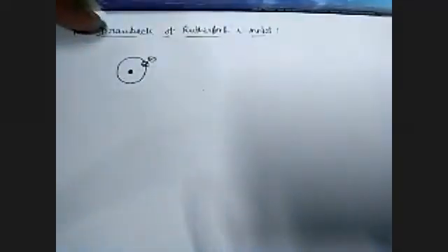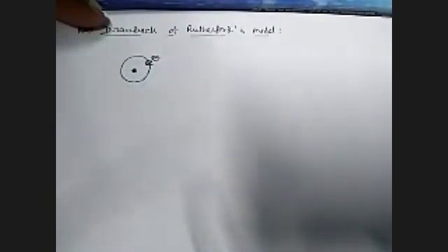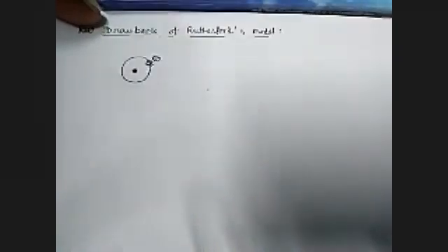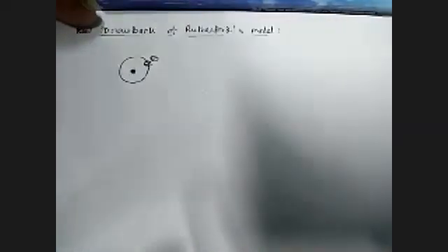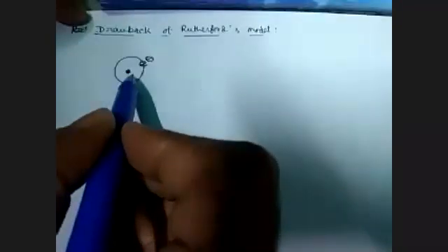Basically, they surround the nucleus. From the model, it was observed that the electron rotates around the nucleus in a circular path.